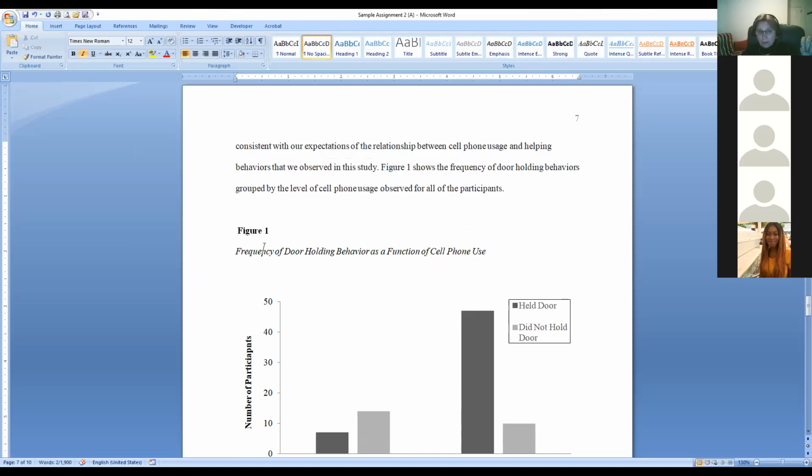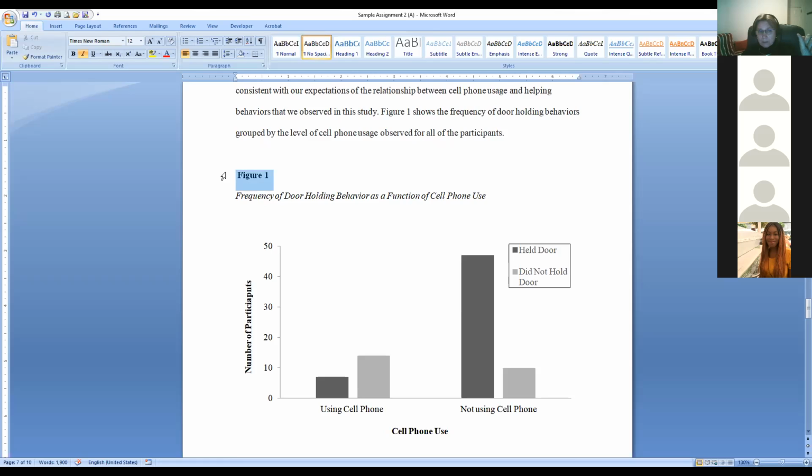Note that your figure has an APA formatting caption, and that's formatted like this: Figure 1 in boldface, and then the title in italics. So here, all I suggest you should do is, that's not plagiarism, that's fine. Take this title and replace the predictive variable and the response variable with your predictive variable and your response variable.